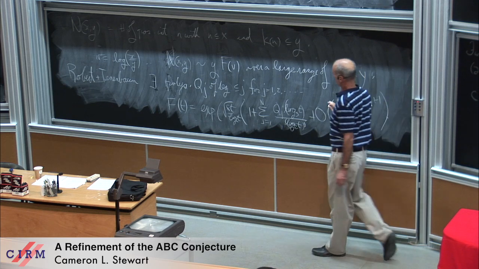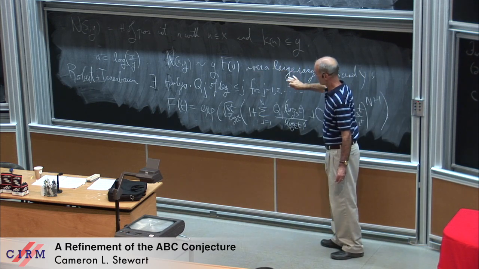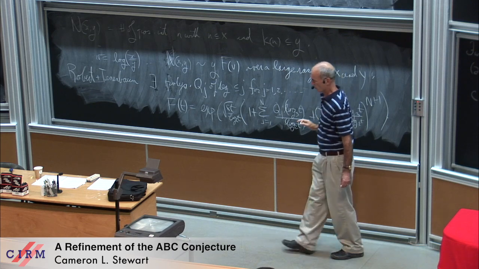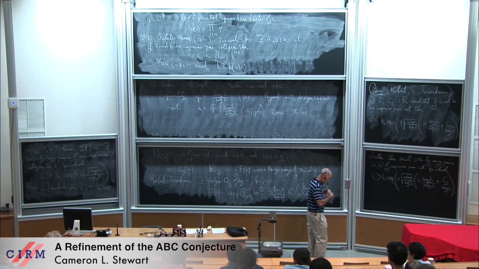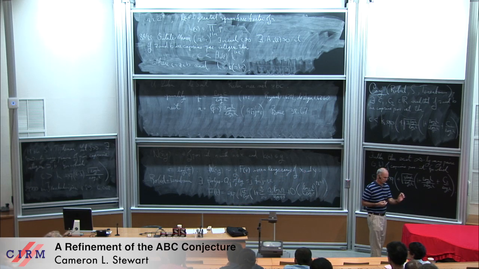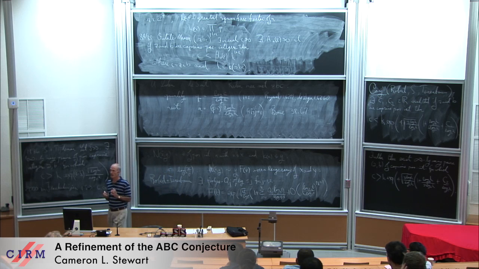Okay, so essentially what one has to do, I mean, this is the start, but the idea is that we model the behavior of the greatest square free factor of k of a sum a plus b. Statistically, we'd like to think that it's behaving like just a typical integer of size a plus b.